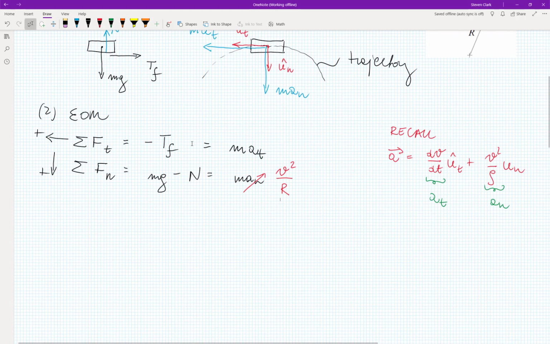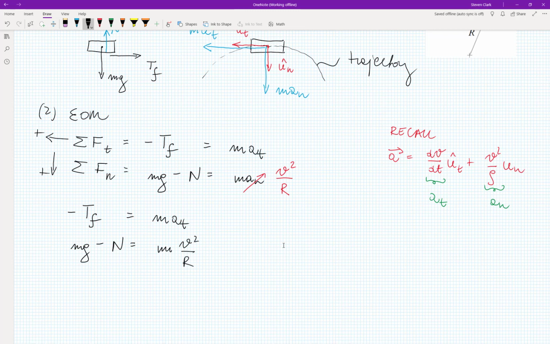Okay, guys. So let's see what we have in here. We have these two equations, and let's see what we can do with them. I believe that we can take the second equation and find the normal force, right? Normal force is equal to mg minus m v squared over r.